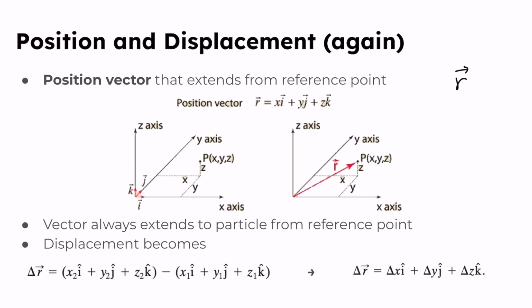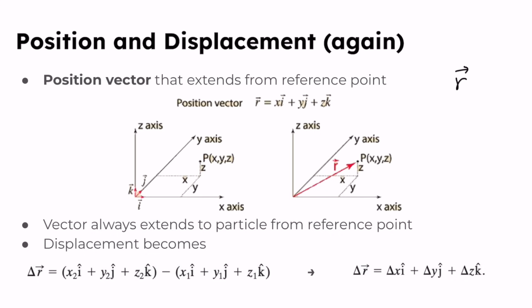In unit vector notation, r can be written as x times i hat plus y times j hat plus z times k hat, where all of these are the vector components of r, and the x, y, and z coefficients are the scalar components.